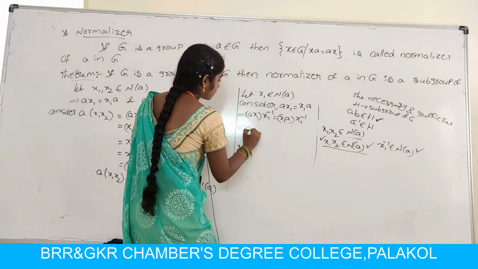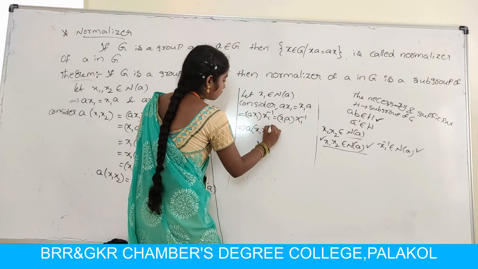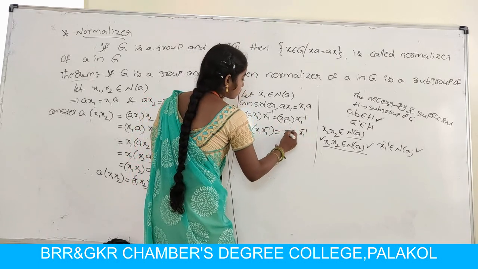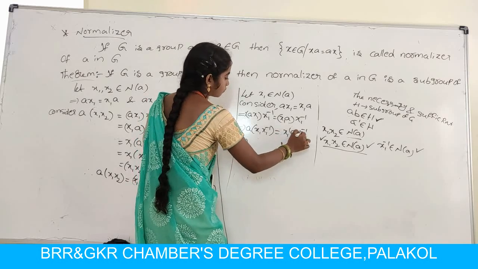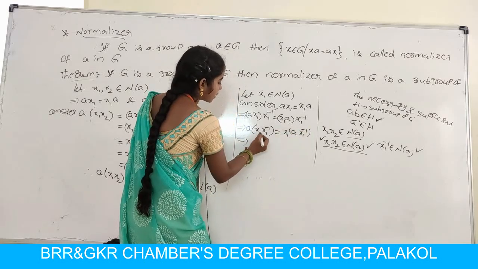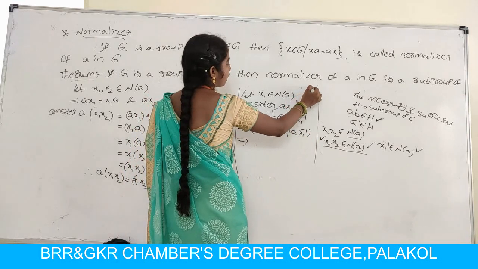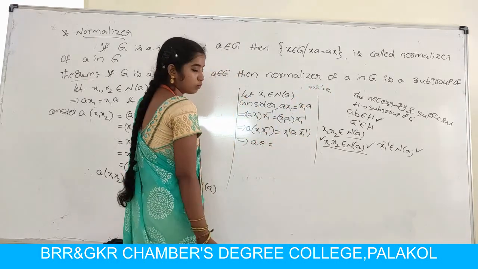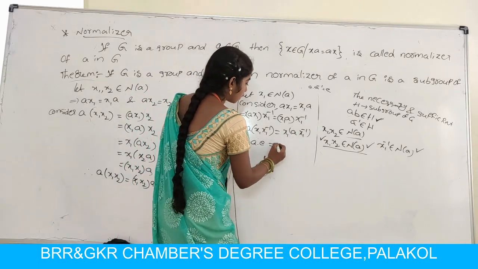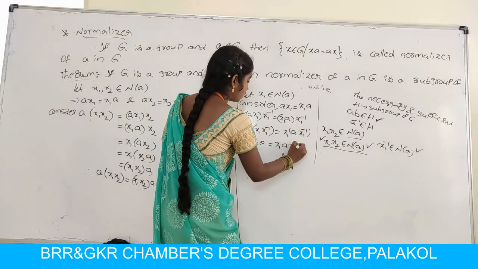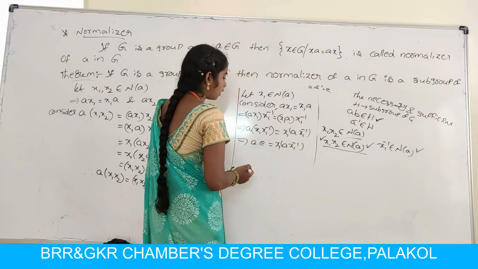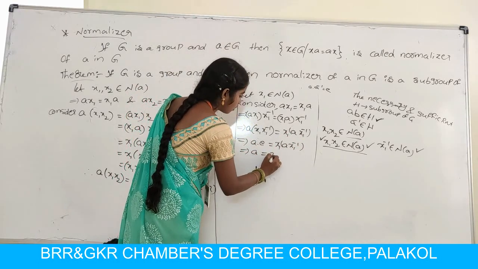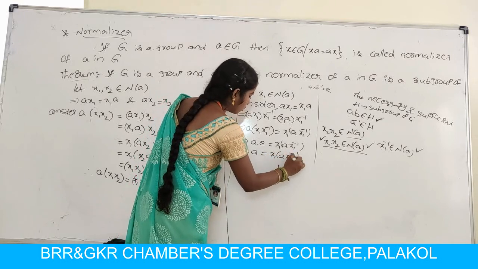Changing the brackets, a into x1 x1 inverse equal to x1 a into x1 inverse. Already you know that x1 into x1 inverse is e, so a into e equals x1 a x1 inverse. E is the identity element, so the value is a.